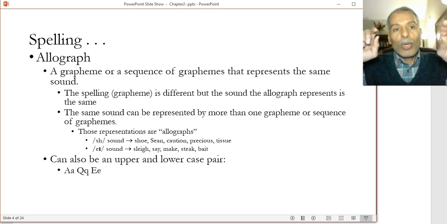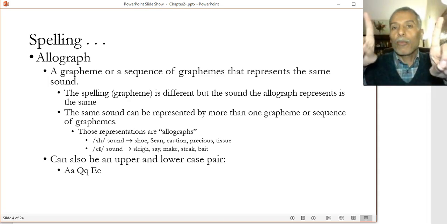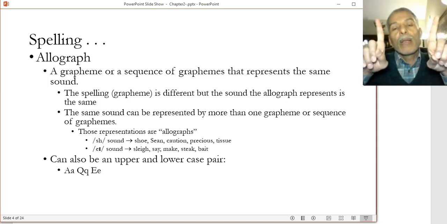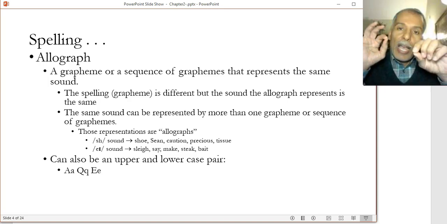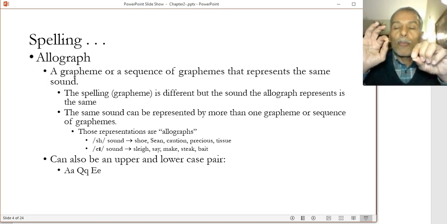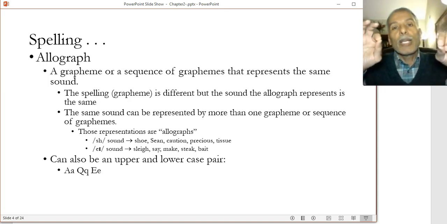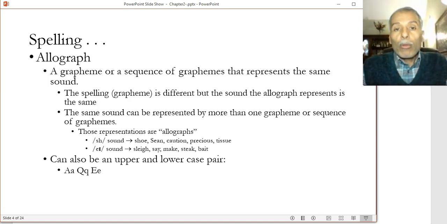If you were to have a single symbol for each single phoneme, then that is going to capture every detail of every sound, and it will make every sound unique, and that sound will not be confused with another sound. So, why are we going through all of this anyways?